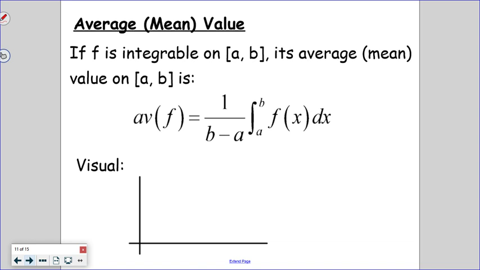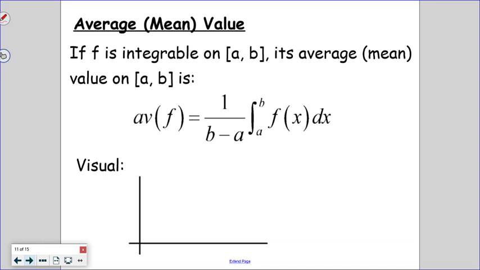This next topic, the process is easy. Fully understanding what's going on is not always as easy, because I think the visual might actually mess with you a little bit here. But it says this: if f is integrable on the interval from a to b, then its average value, or its mean value, on that interval from a to b is given by this formula.